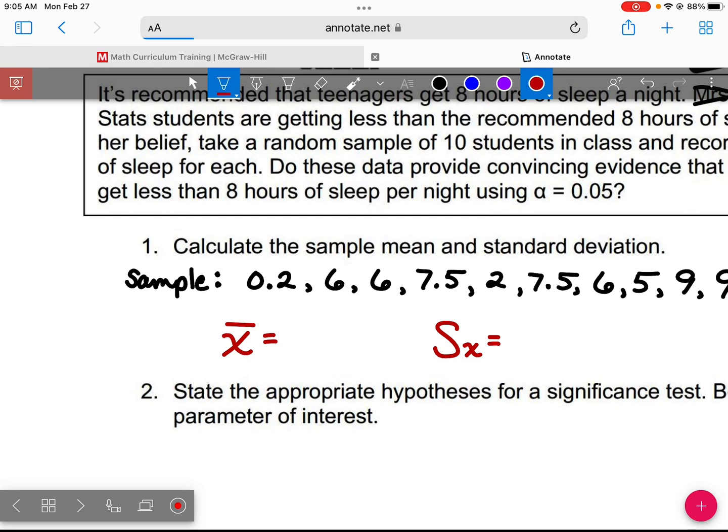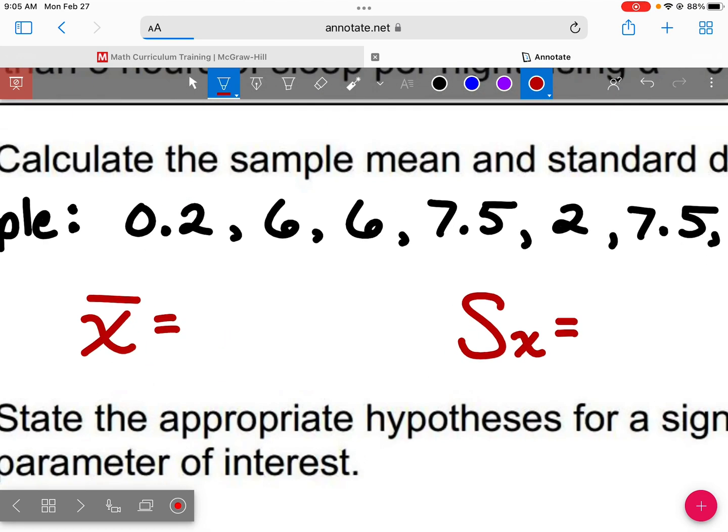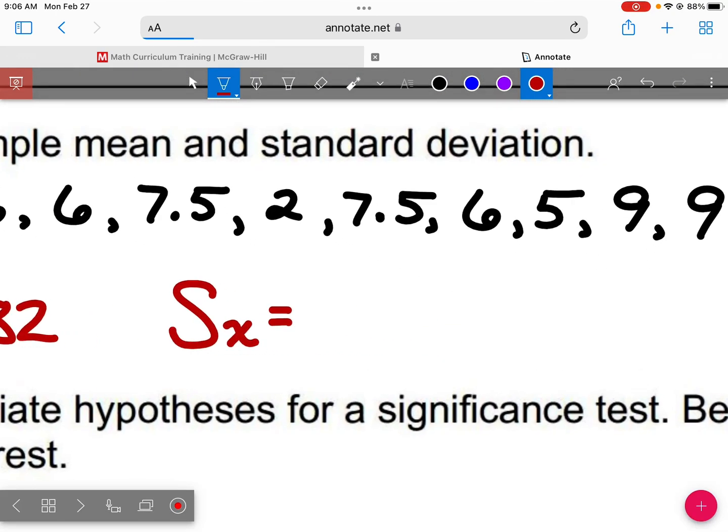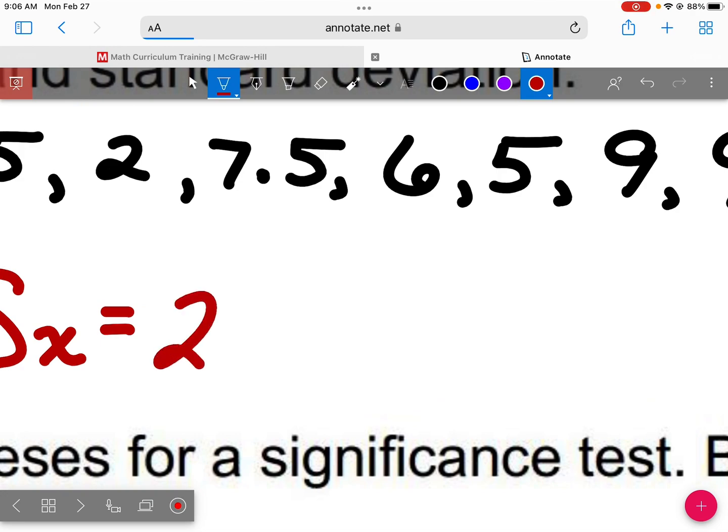All right, what is our sample standard deviation? 5.82. So that's our sample mean. Sample standard deviation? 2.844.